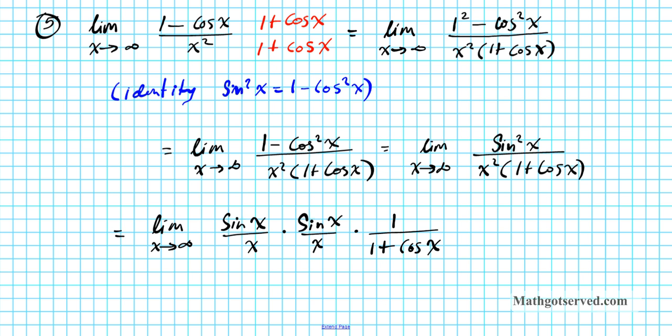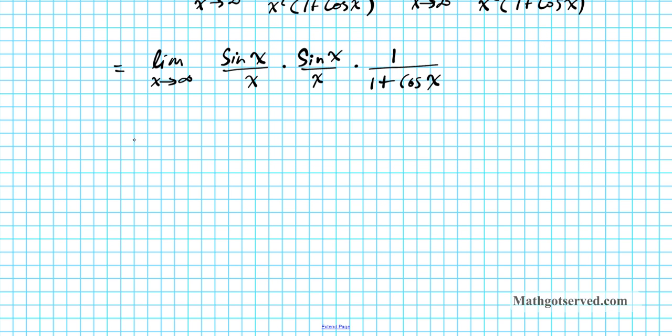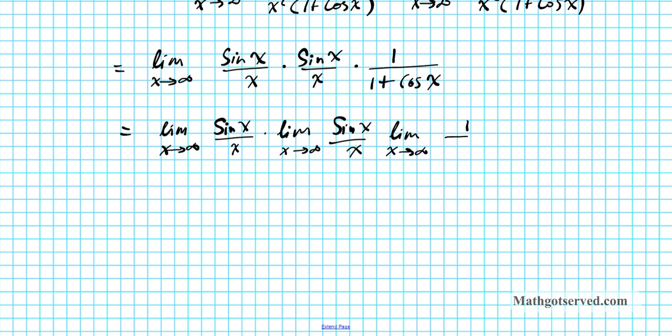Okay? All right, so what is this limit going to be? Well, we know that this is going to become the limit as x approaches infinity of sine x over x times the limit as x approaches infinity of sine x over x. And then the last one, the limit as x approaches infinity of 1 over 1 plus cosine x.